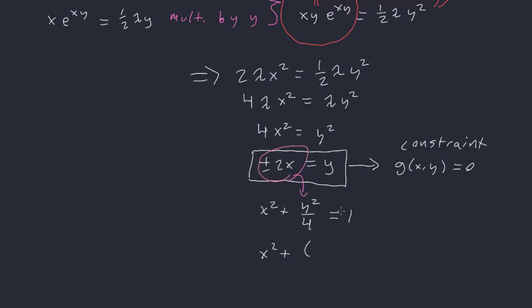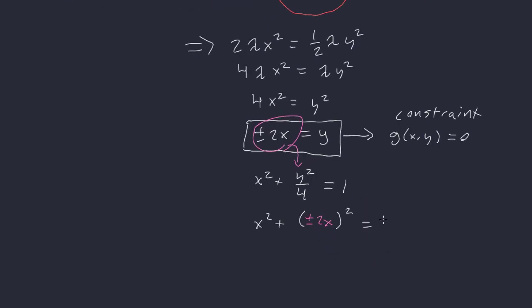I'm taking this and putting it into here. So it will be plus or minus 2x all squared over 4 equals 1. So we'll get x squared plus, well now, the plus or minus goes away because we're squaring it. So it's going to be 4x squared over 4 equals 1, which gets us down to just 2x squared equals 1.